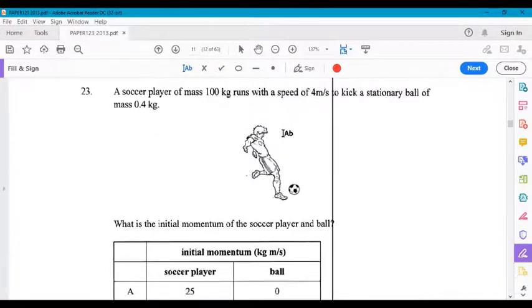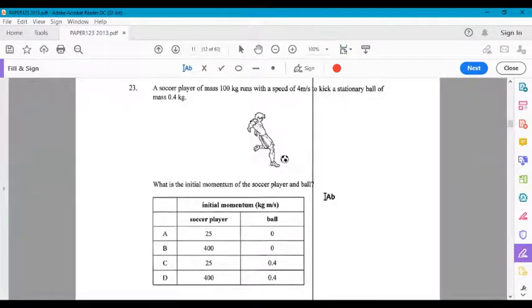Number 23. A soccer player of mass 100 kilograms runs with a speed of 4 meters per second to kick a stationary ball of mass 0.4 kilograms. What is the initial momentum of the soccer player and the ball? So we want the initial momentum for the soccer player and the initial momentum for the ball.